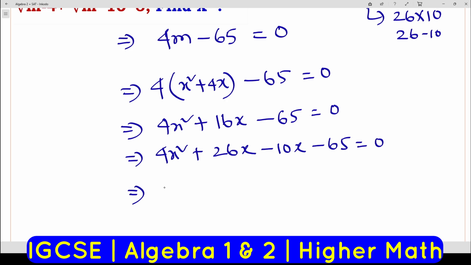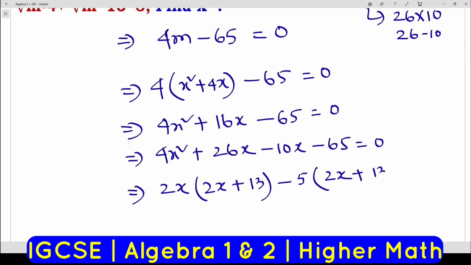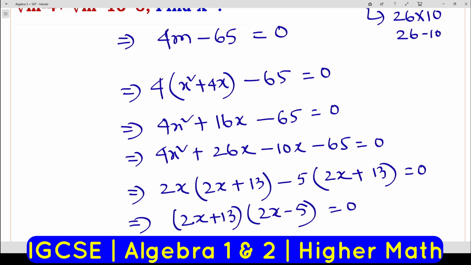So from here we can take common 2x, so here will be 2x plus 13, right? Once you take common it will be 13, and from here we can take common 5. So once you take common 5, here will be 2x minus 13, 65 divided by 5 is 13, equals 0. And then here is 2x plus 13, and here is 2x minus 5 equals 0, right?